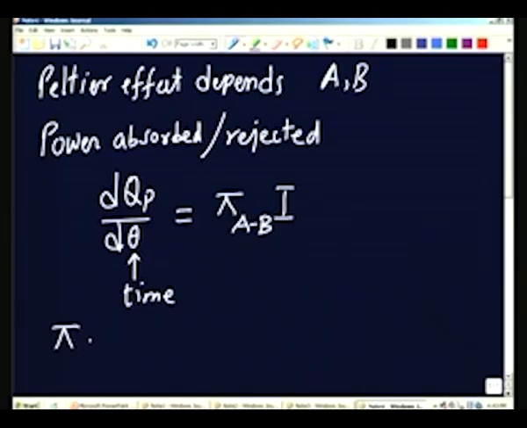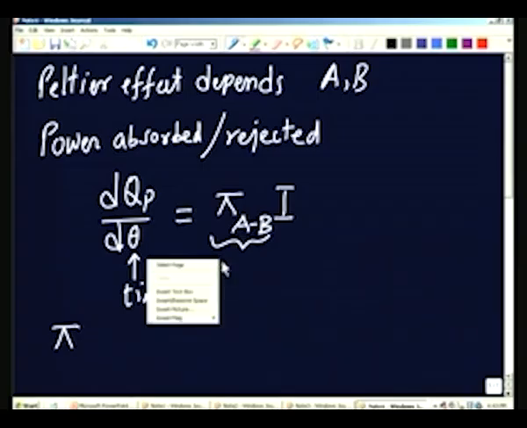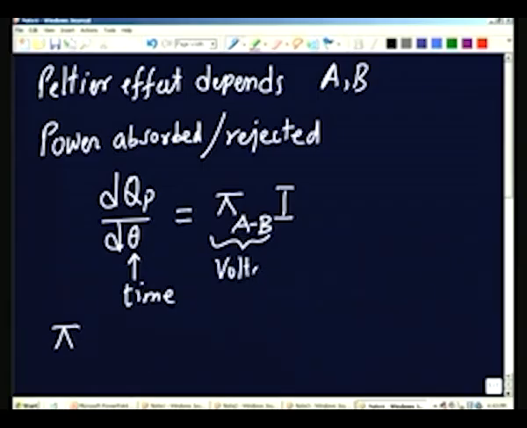So, keeping this in mind, we can say that if you have two junctions, the potential, as you can see, the unit is voltage, because the rate of doing work dQp by d theta, which is the rate at which heat is absorbed or rejected, is equal to I into pi, which must have units of voltage.